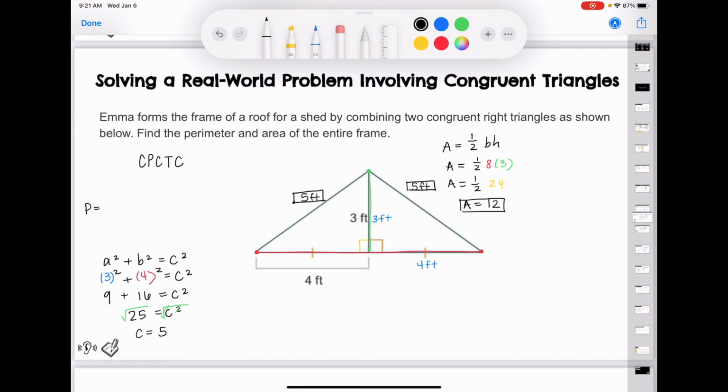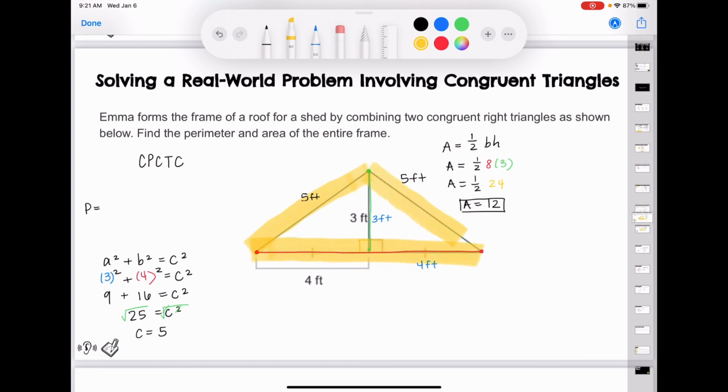Well, now that we know that, all we have to do is go ahead and add all of our perimeter lengths. So, let me take out those boxes so you can see it a little bit easier. Let me just rewrite that. 5 feet. Okay, so our perimeter would have to consist of everything on the outside.